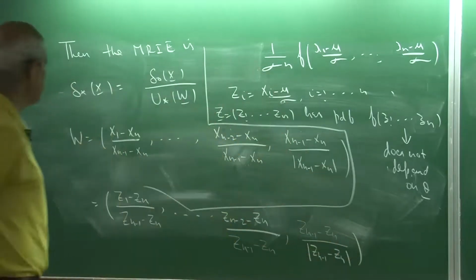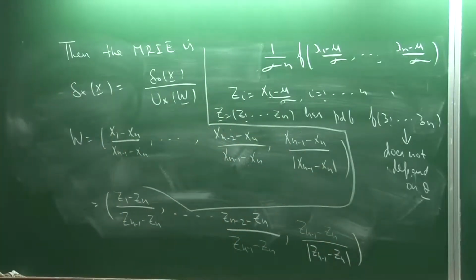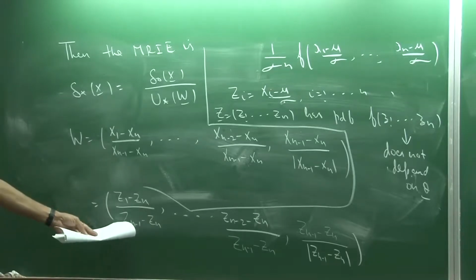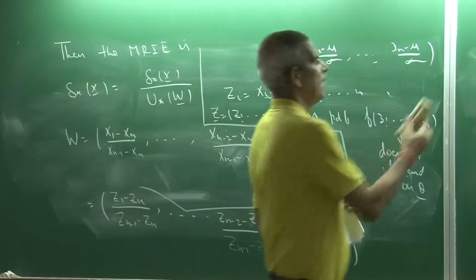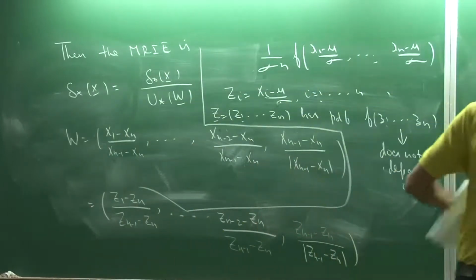But we have already seen that the distribution of z1, z2, ..., zn does not depend on theta. So the distribution of any function of z1, z2, ..., zn does not depend on theta. So this implies that this vector is ancillary.